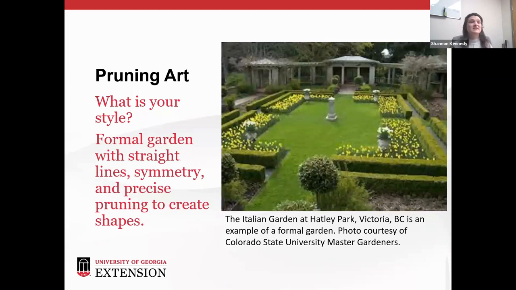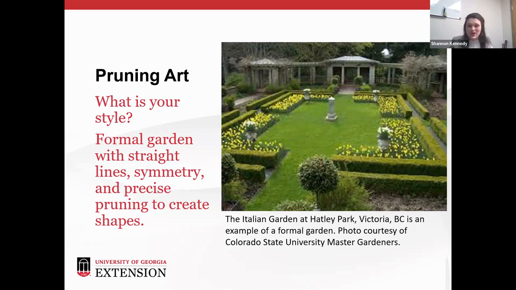Another option is the very formal garden, symmetry and straight lines. It is very striking to have plants in an unnatural shape. Nature does not occur in a straight line. So to have bushes that create edges is really visually striking. But keep in mind that the plant does not want to be a box. The plant doesn't want to be a perfect sphere.